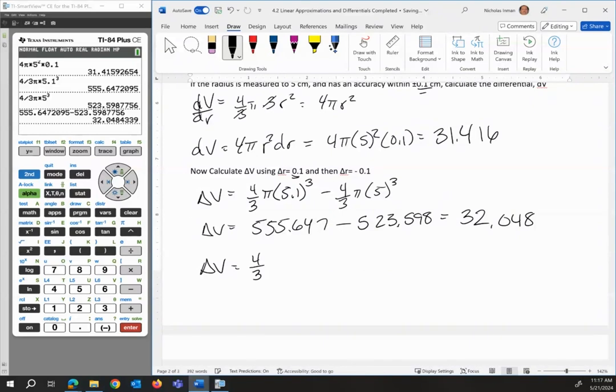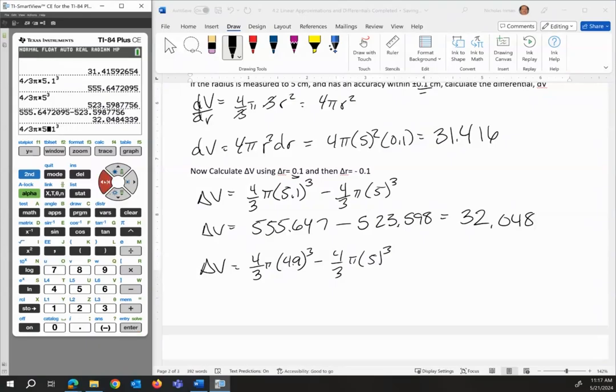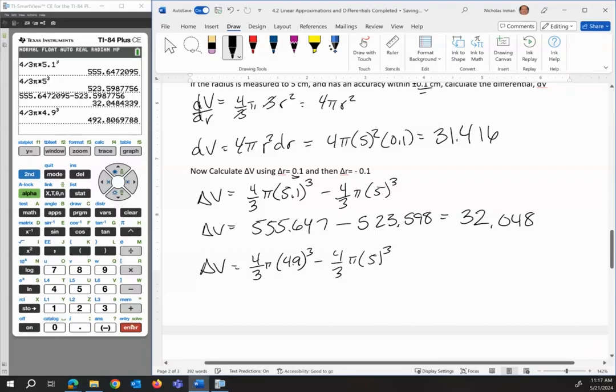So if we also did this with our 4.9 for radius, we would be all the way down here at 492.